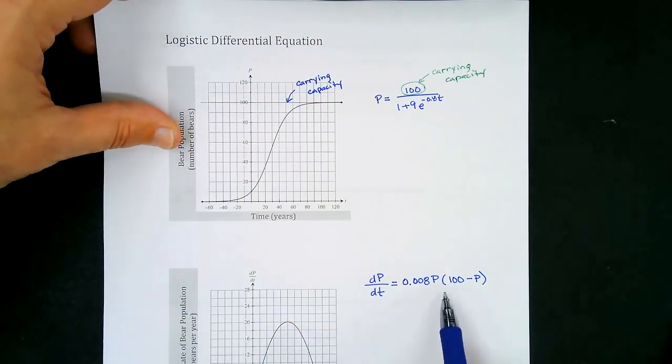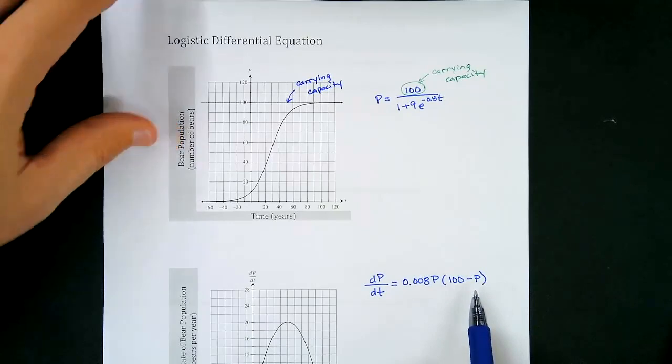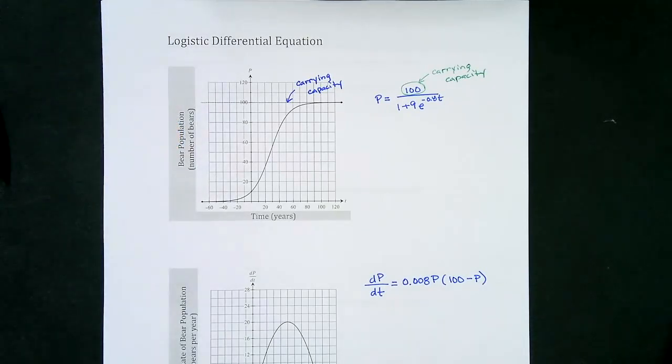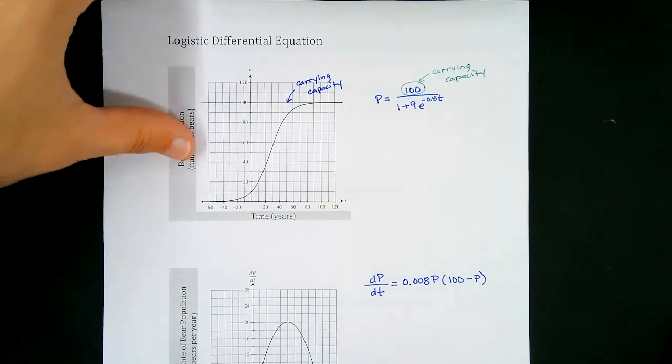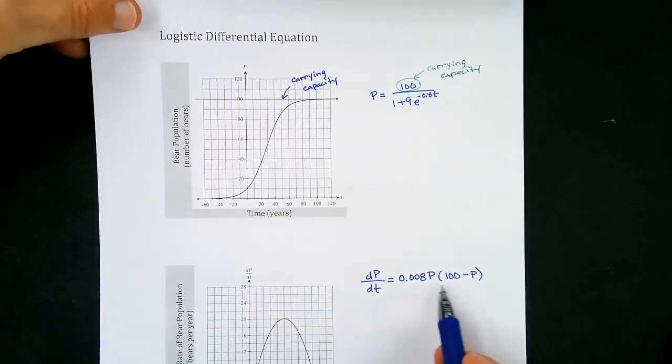If you multiply this out, this would give you the population. The growth rate is determined by the population, not necessarily the time. If you look at this, this is just a quadratic.